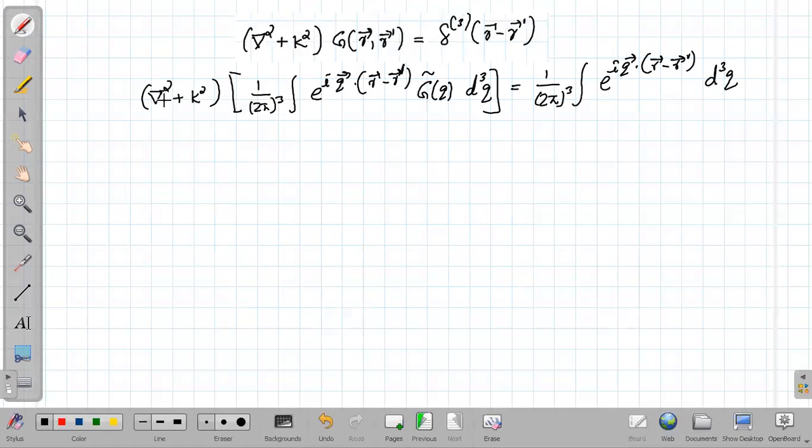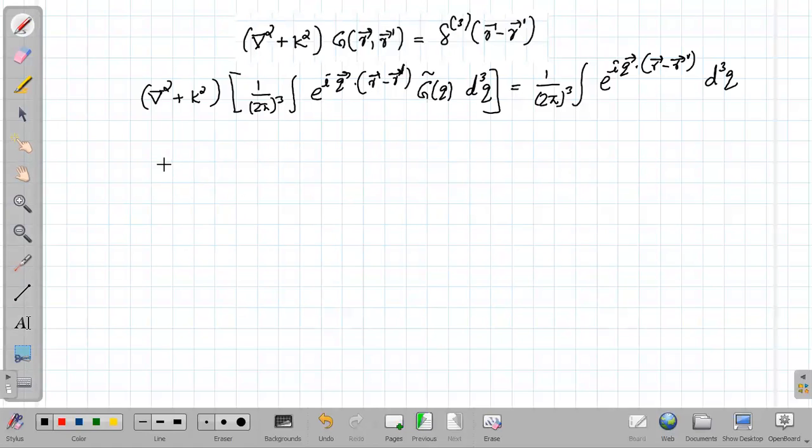Now this del square is acting on r. Okay, so del square depends on r, not on r prime. So del square can act here, and we'll get i q square outside, so that will give minus q square.